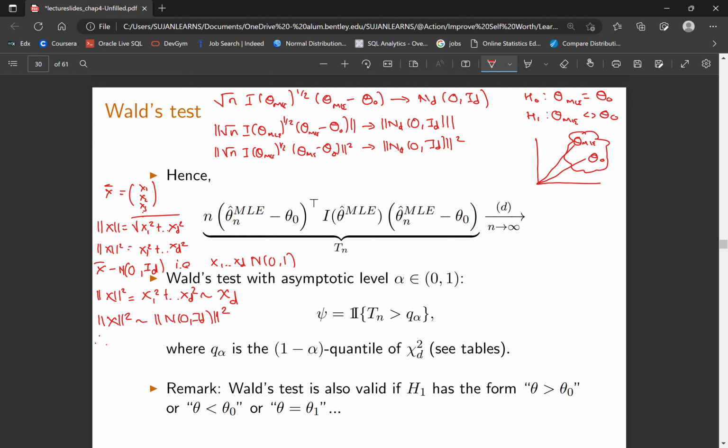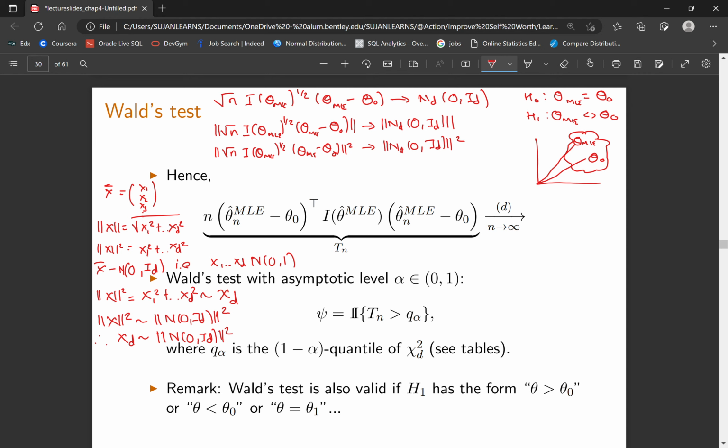Therefore, the chi-square d distribution is approximately similar to the square of a normal distribution with identity covariance matrix.